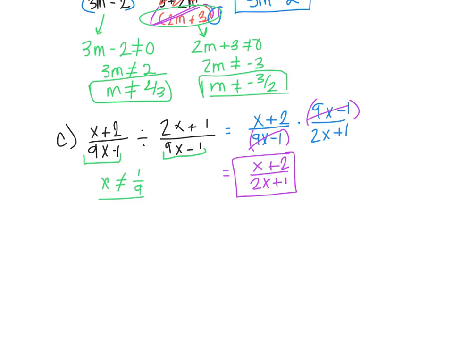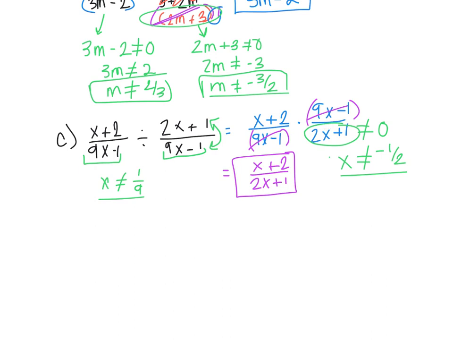But we also have this in our denominator once we switch this to its reciprocal. So we also have 2x plus 1 cannot equal 0, which means x cannot equal negative 1/2. So you would subtract 1 from both sides, then divide by 2. So we've got two restrictions on those. So we have the restrictions from the original two denominators, which in this case happen to be the same, and a restriction from the new denominator once you multiply by the reciprocal.